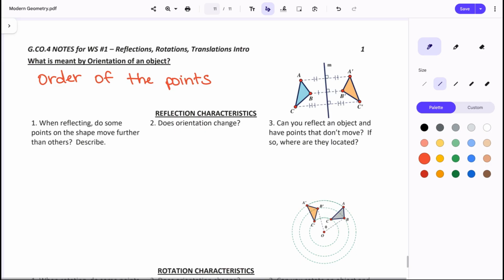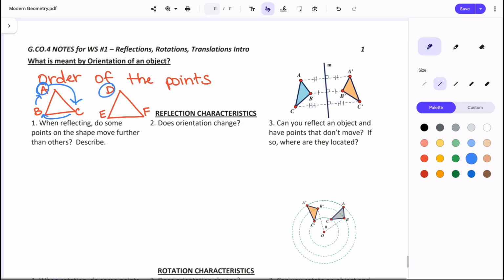And when you do that, you want to be consistent. So if I had two triangles here, and I'm just labeling them with letters. If I was going to start at A and I was going to go clockwise around my shape and go to C and then go clockwise to B and then back up to A, I would want to make sure I do the same thing on the second one as well when I'm checking its orientation.